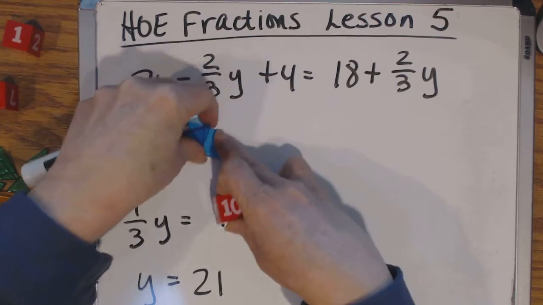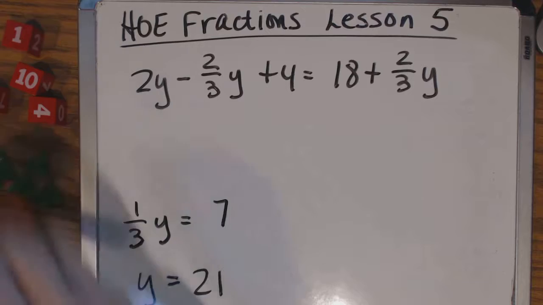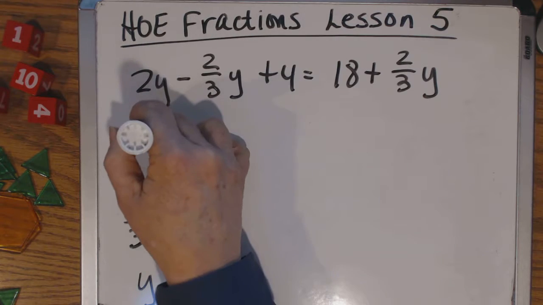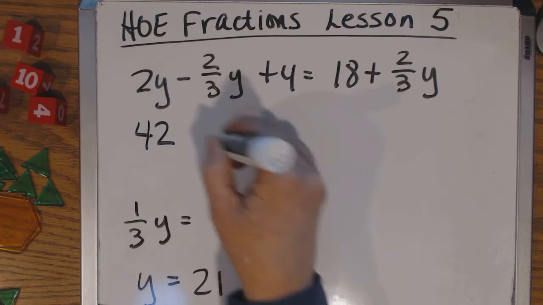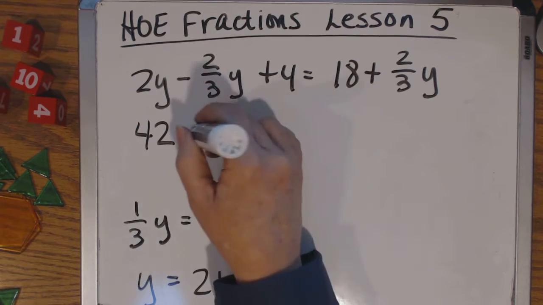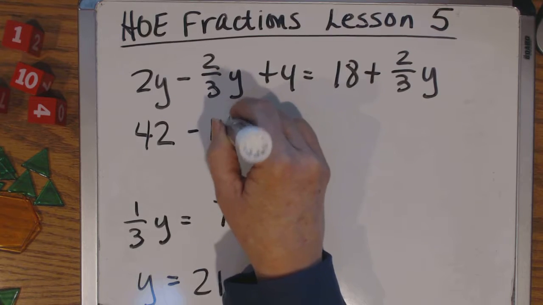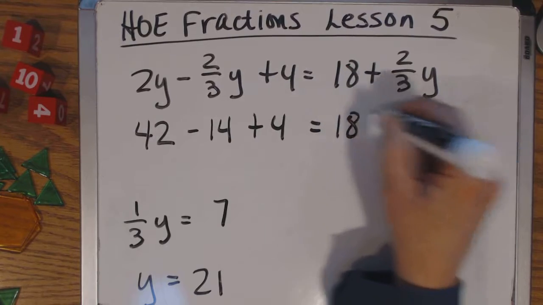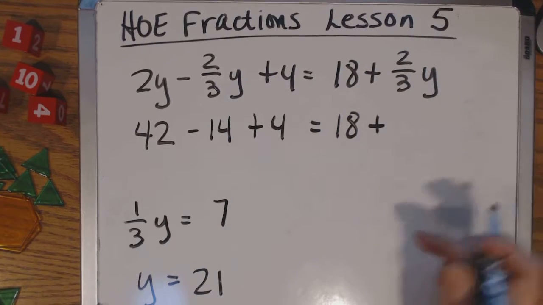Okay, let's go ahead and check our work here, see if that value of y makes this true. Okay, if y is 21, 2y is 42. Okay, minus 2/3, that's minus 2 sevens, so that's a minus 14, plus 4, does that equal 18 plus 2/3 of y?